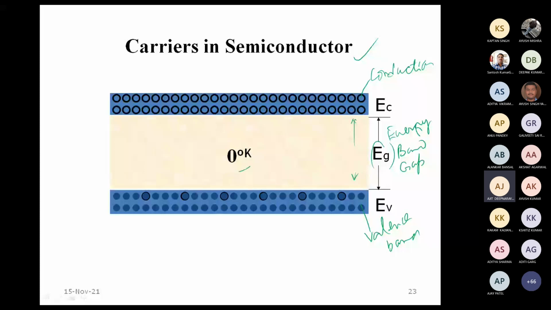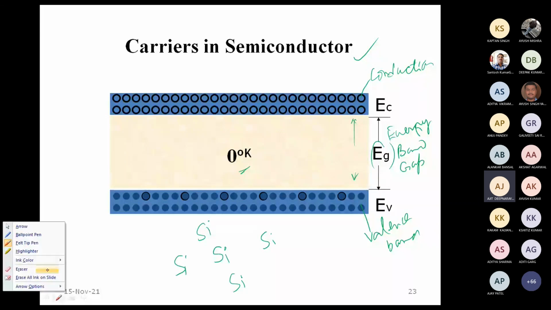We can see that in semiconductors at 0 degree Kelvin, all the electrons, as we can take a case, say silicon, which has 4 outermost orbit electrons, are actually bound, forming the covalent bonds.